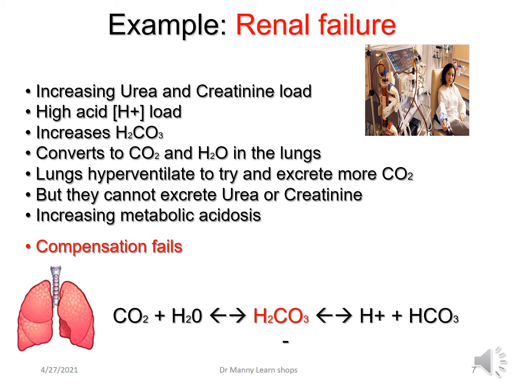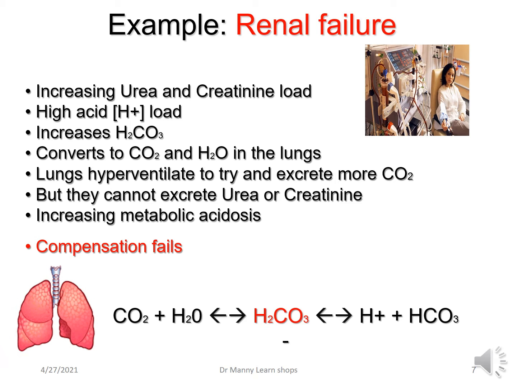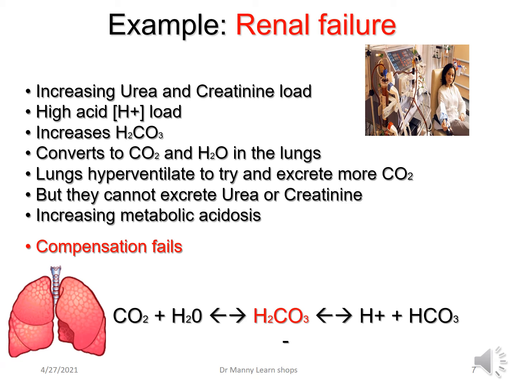The hydrogen ions, however, can be excreted by the lungs in the form of CO2 after being converted to carbonic acid. So with the high acid load, hydrogen ions and bicarbonate are converted to carbonic acid. The blood transports it to the lungs, where it dissociates into CO2 and water, and it can be excreted.